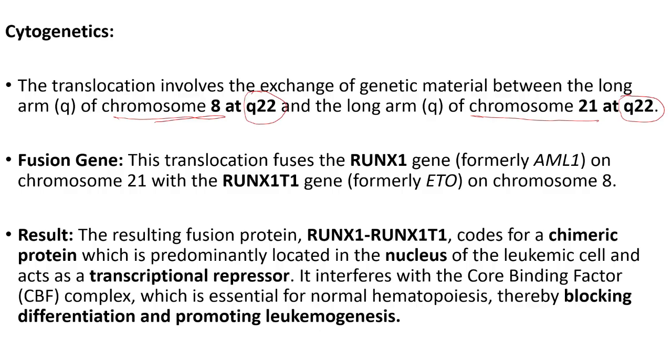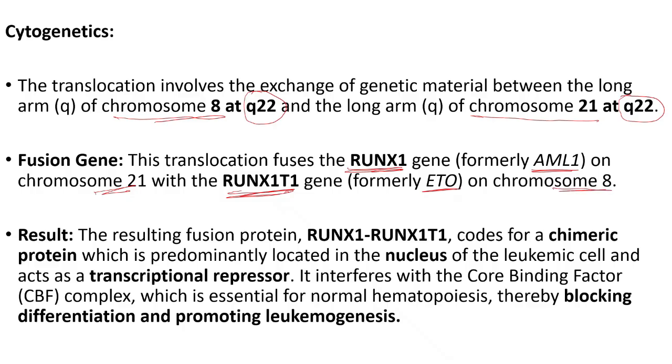And the genes present here are RUNX1, formerly known as AML1, that is present in chromosome 21, and another gene is RUNX1T1, formerly known as ETO, and that is present at chromosome 8.